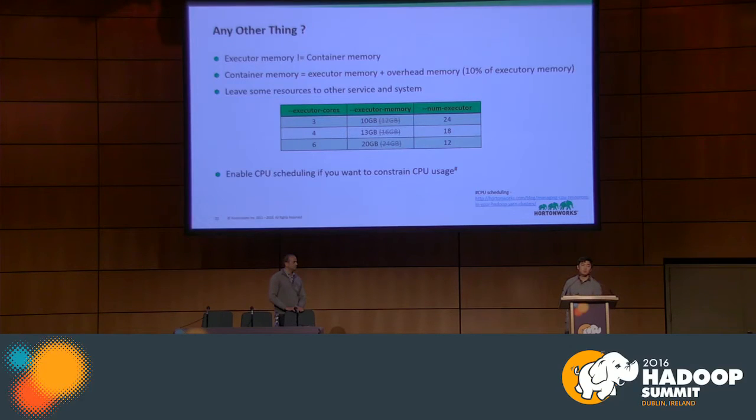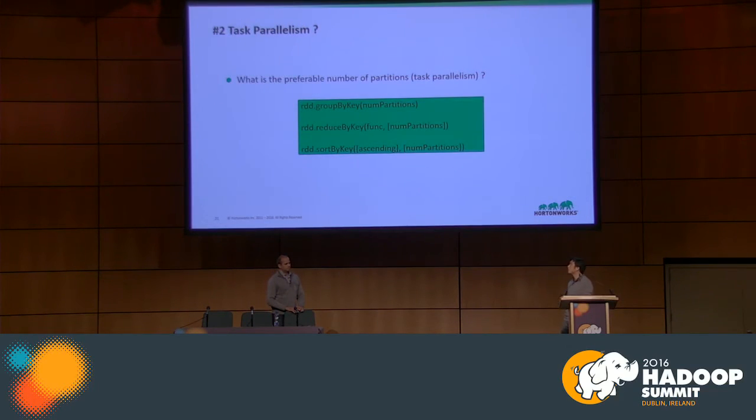So now we already introduced the executor, how to choose the executor size. A medium size would be a better choice, and there's still another choice when you are running a Spark application. It is the task parallelism, and this concept is derived from MapReduce. As we all know, when we are writing a MapReduce program, we need to specify the reducer number, and we always ask how many reducers will be a good choice.